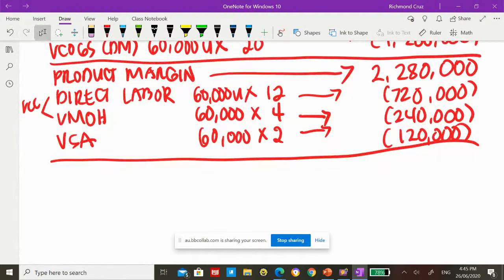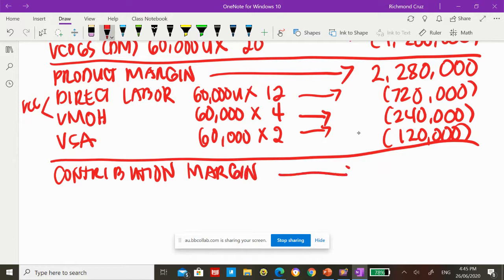So after deducting all other variable costs, we'll arrive at the contribution margin, or your CM, and that is 2,280,000 minus 720,000 minus 240,000 minus 120,000, and that is 1,200,000. After computing the contribution margin, we need to deduct the fixed overhead.